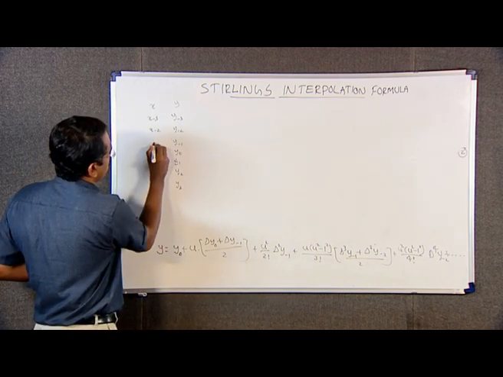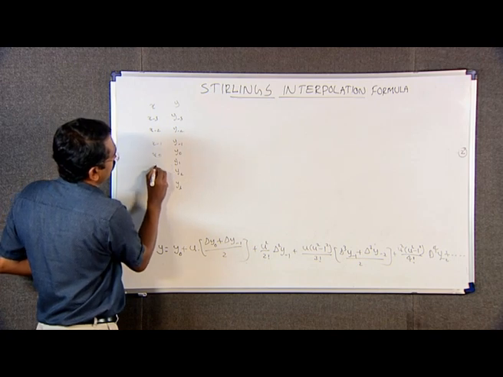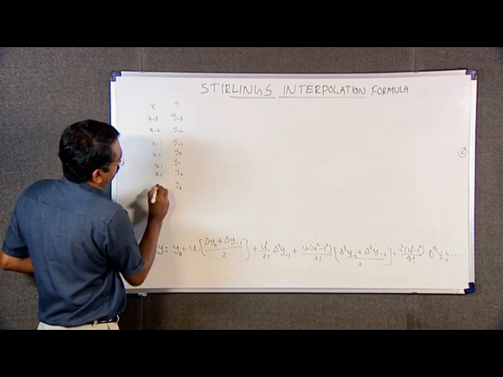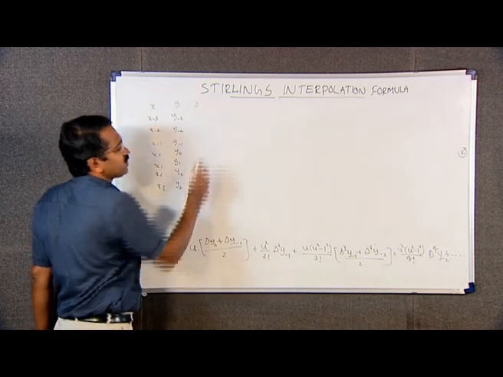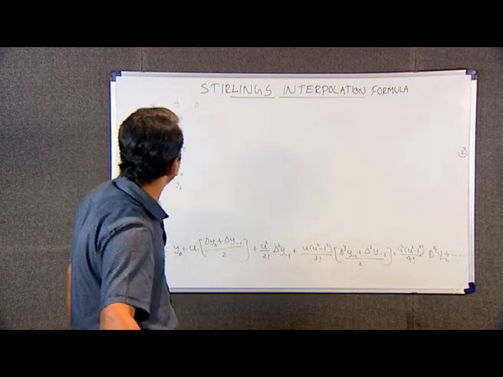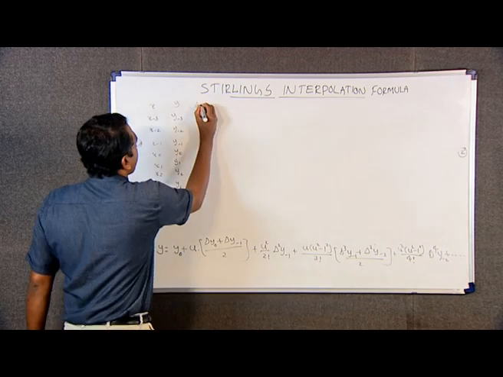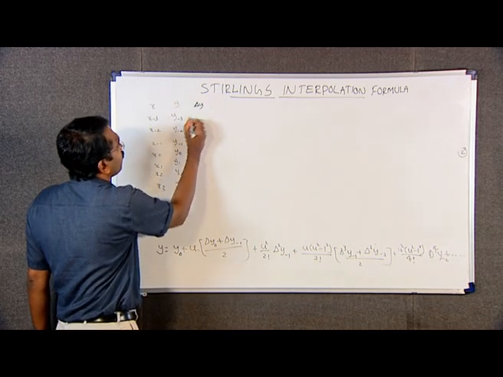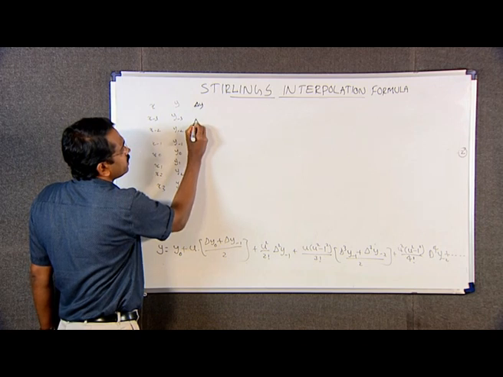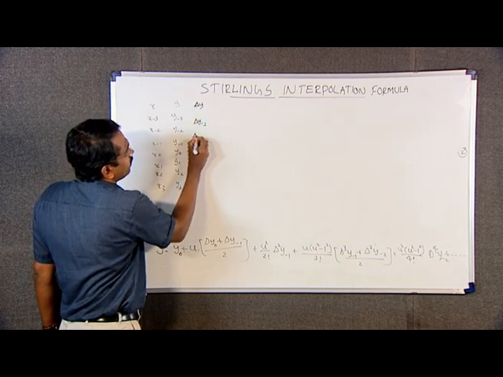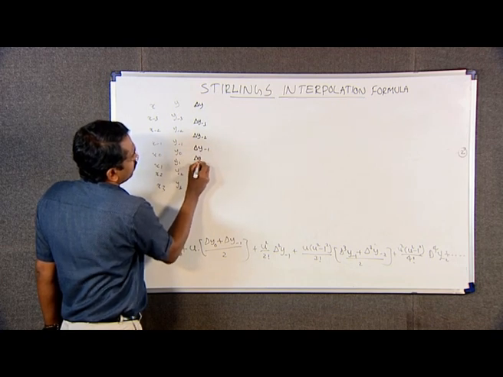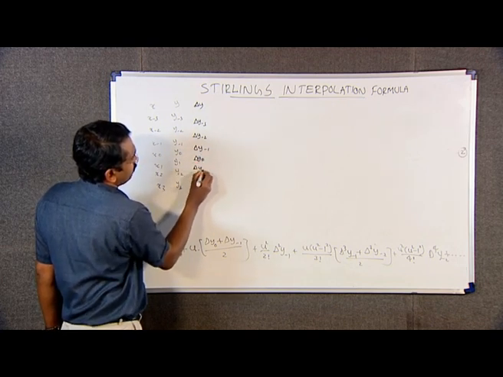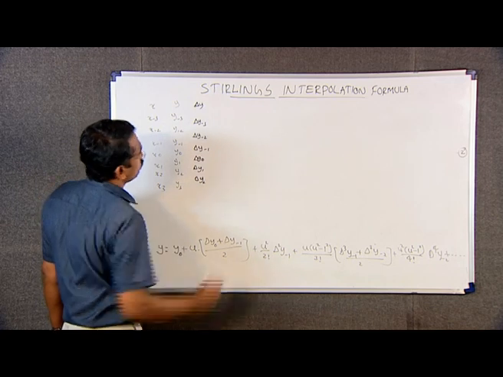The first differences are delta y minus 3, delta y minus 2, delta y minus 1, delta y naught, delta y1 and delta y2.